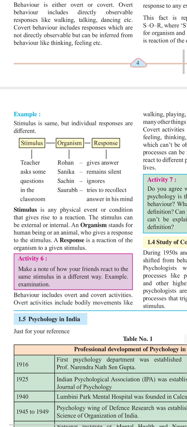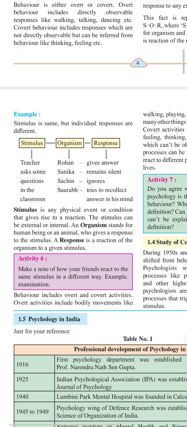What do you think, is the chair a stimulus? It might be a stimulus, but only if it actually gives rise to a reaction. If the chair is not making another person move, then at that time the chair is not a stimulus. For example, rain, bus, bike, these are all stimuli, which means any physical thing or condition which makes the person react.